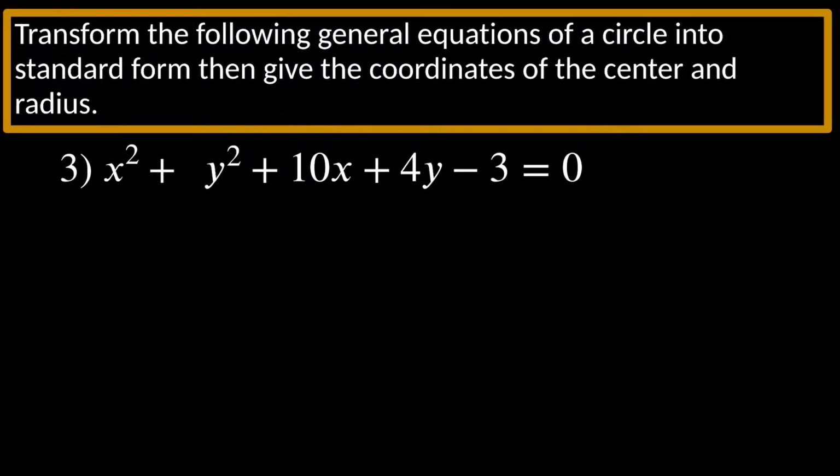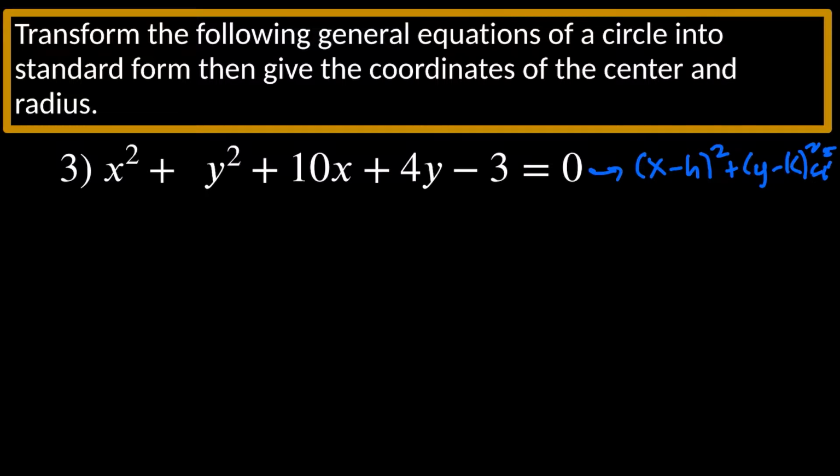x² + y² + 10x + 4y - 3 = 0. Again, we have to write this as (x - h)² + (y - k)² = r².